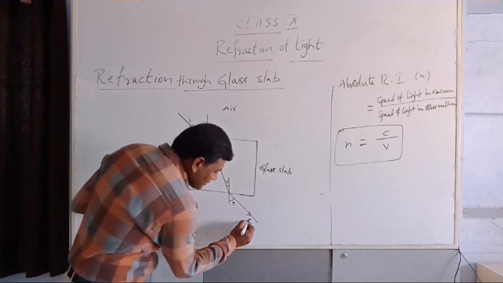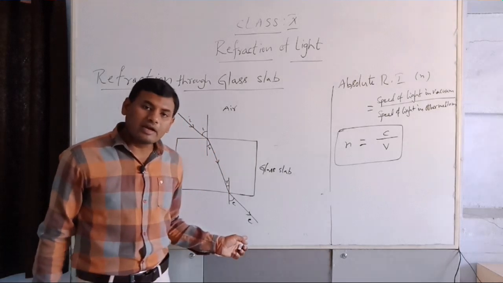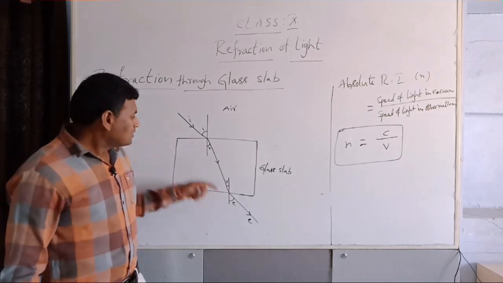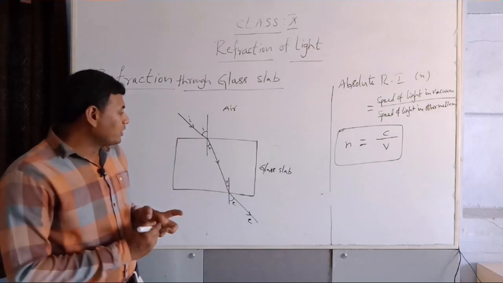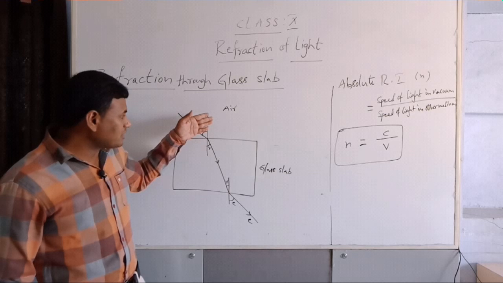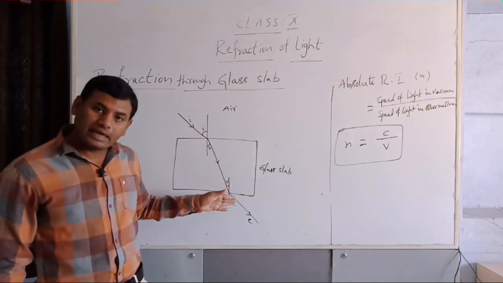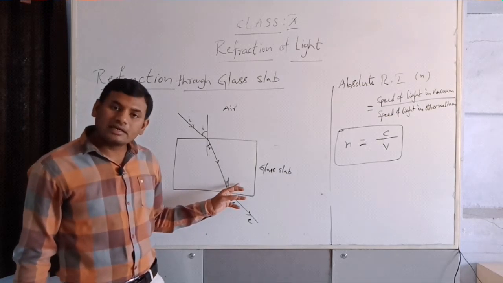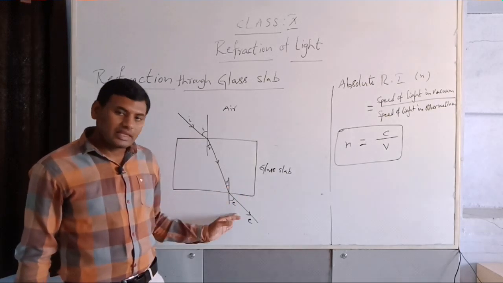This is the ray which comes out of the glass slab after undergoing refraction two times: here at the interface between air and glass, and again at this edge as it enters from glass to air, that is denser to rarer medium.